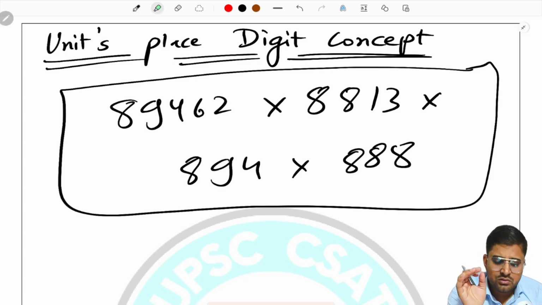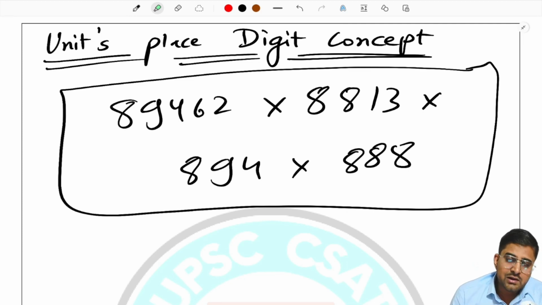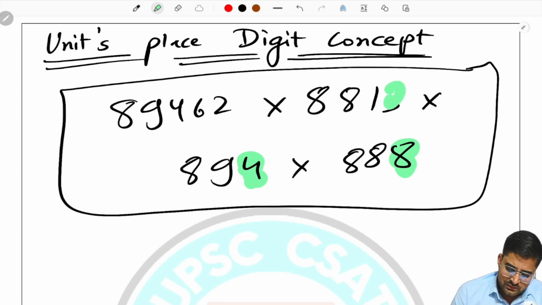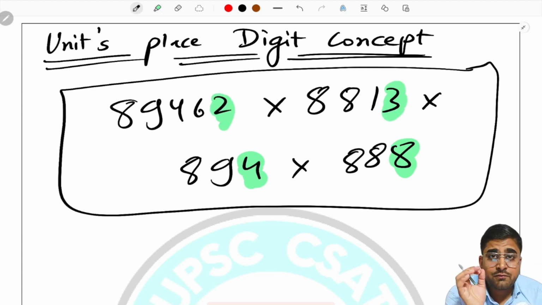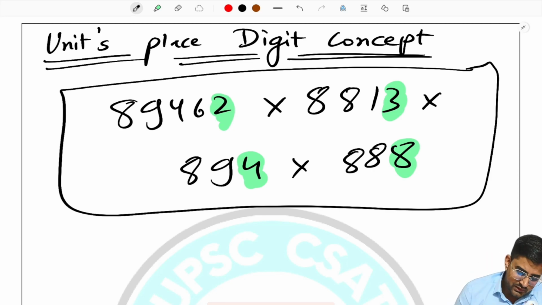What this concept says is, don't waste your time multiplying all of this, just multiply the unit digit itself. In many questions, in fact in 2023 also, a question came where the demand of the question says, please select the unit place. I will show you also.